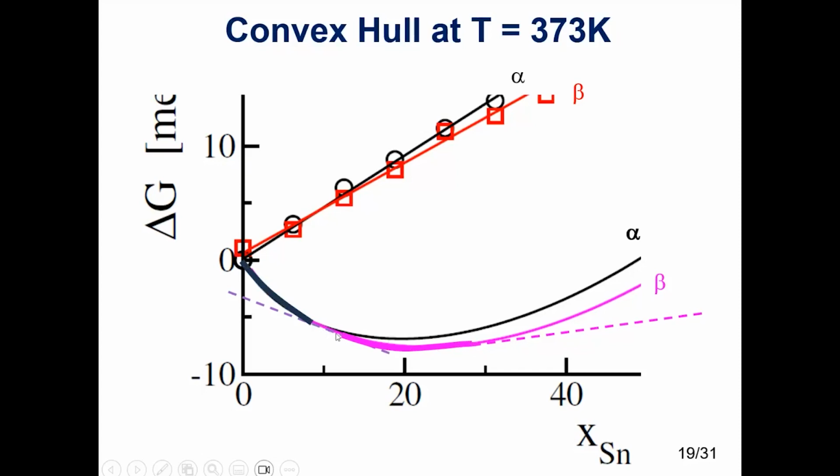But in between, the convex hull lies below the free energy of alpha and the free energy of beta. And so that's a coexistence region. In this region, neither alpha nor beta are stable. Instead, if you started at this composition, you would separate into a mixture of a lot of tin in alpha and a little bit more tin in beta. So you would have a high C over A ratio with 9% tin mixed with a low C over A ratio with about 12% tin.